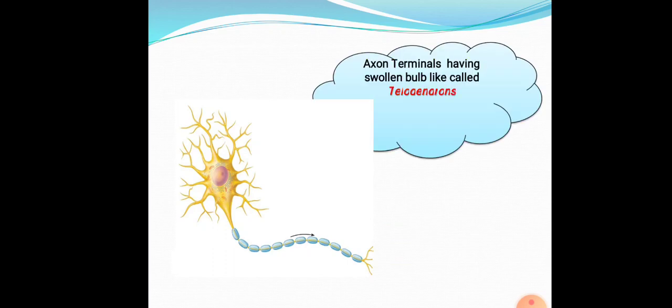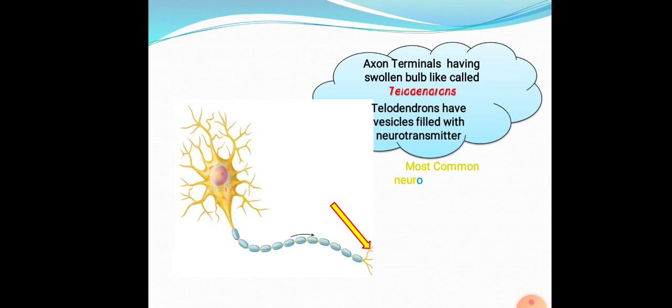Axonal terminals have swollen bulb-like structures, and these swollen structures are called telodendrons. The telodendrons have small vesicles, and these vesicles are filled with a neurotransmitter.